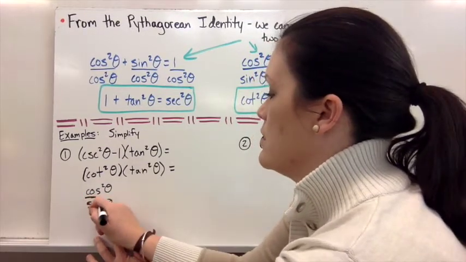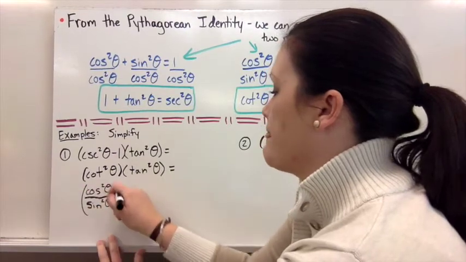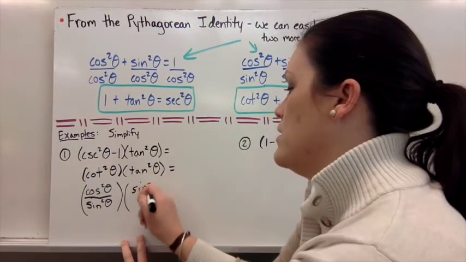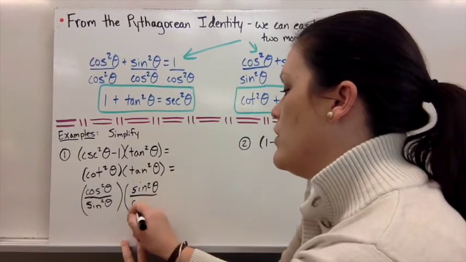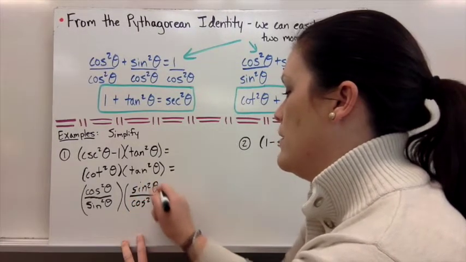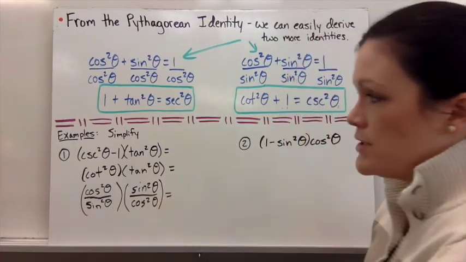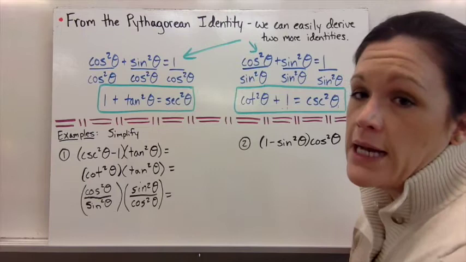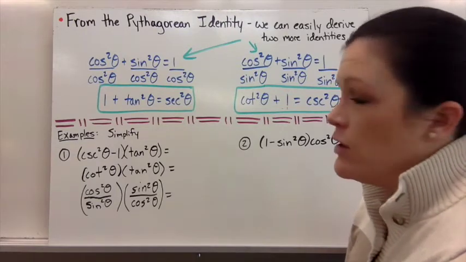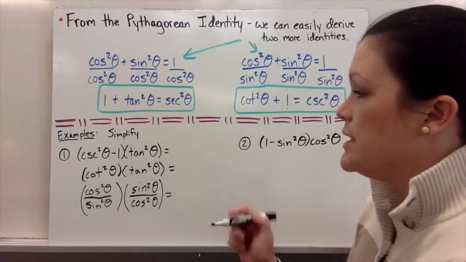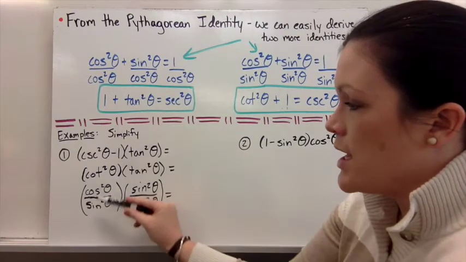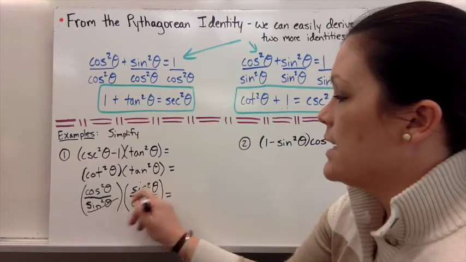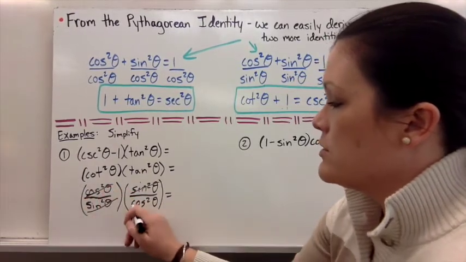Tangent squared theta is equal to the sine squared theta over cosine squared theta. And then we see what we can simplify. So your goal with these expressions is to try to get everything in terms of sine and cosine. That is what you're working on. So simplified means try to get it all in terms of sine and cosine and then see what happens from there. So we can see sine squared would cancel out because these are multiplying.